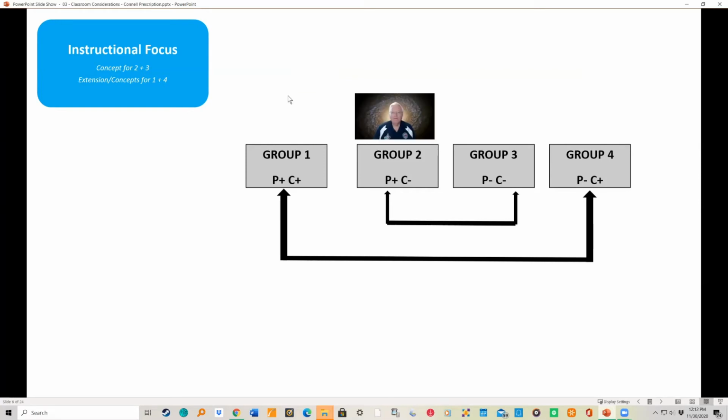Group two, unfortunately, is the most common group out of our four. These are students who were probably taught very traditionally in a memory recall fashion where they just memorized a bunch of rules and procedures. And I think I've indicated to you that's not the worst situation in the world because at least they're getting a correct answer, but it's not the best situation either.